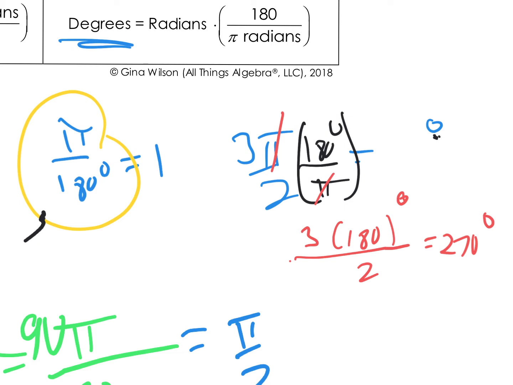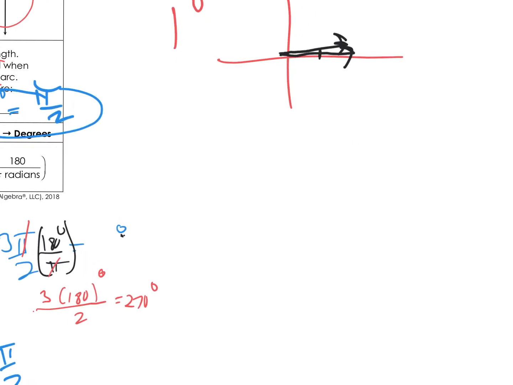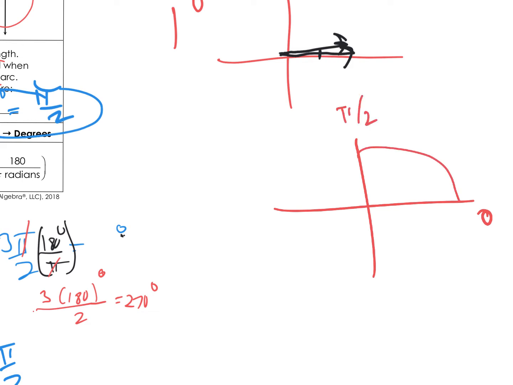Well, you know how I made this up in my head? Watch my math. You're gonna be so amazed. If this is 0 radians, and this is pi over 2 radians, right? We already agreed? Yeah. If I double it, pi over 2 times 2, it's pi. If I want to go another 90, wouldn't that be pi over 2 times 3?